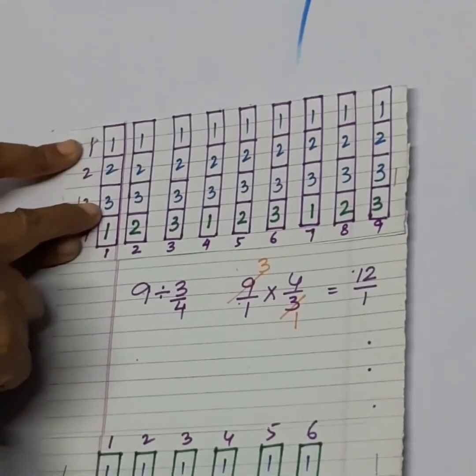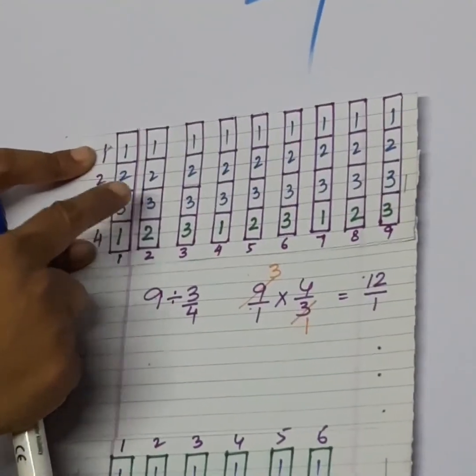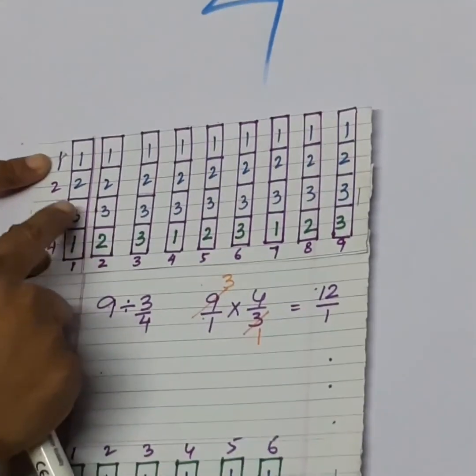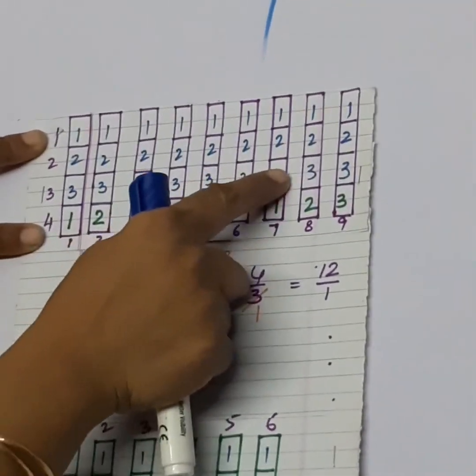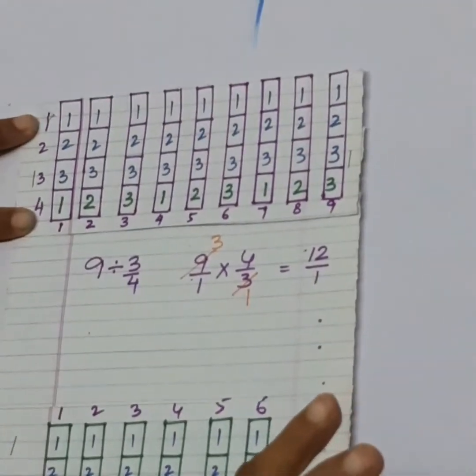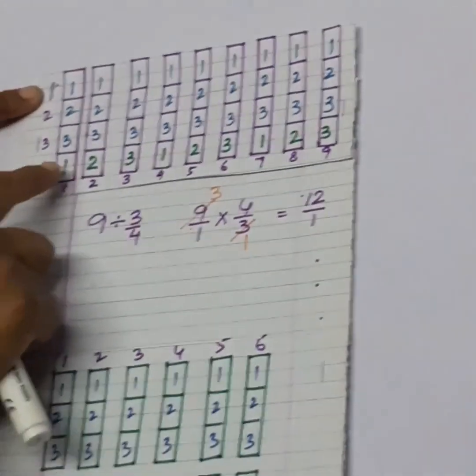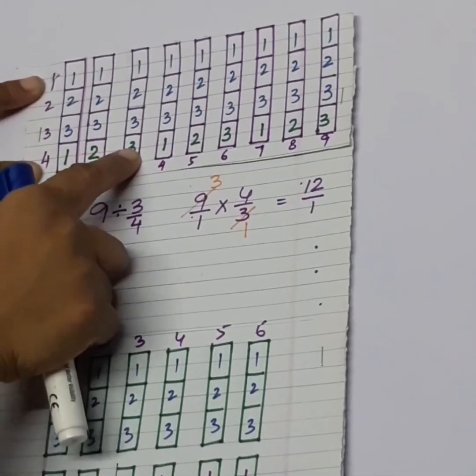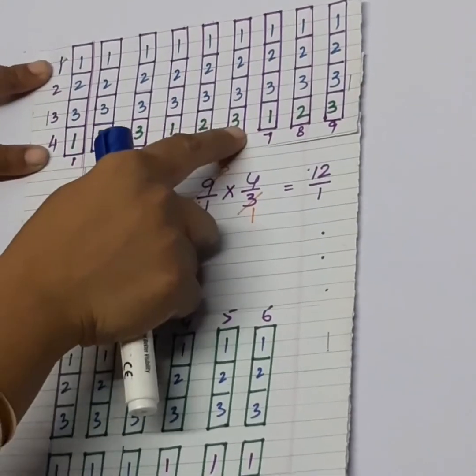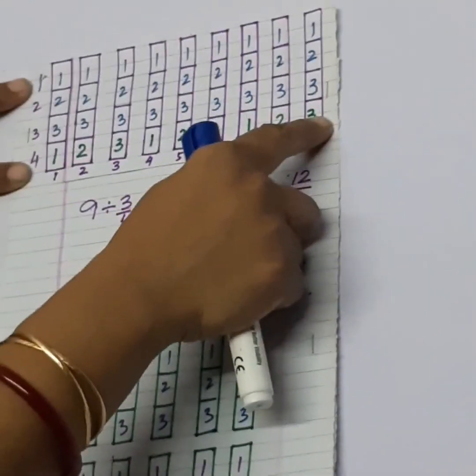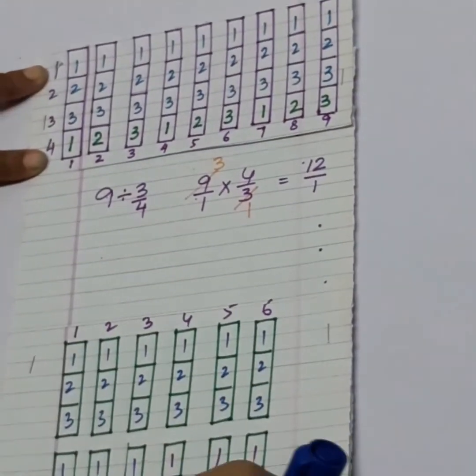Then I have taken 3 parts from one chocolate, second chocolate, third chocolate. In this way 3 parts from 1, 2, 3, 4, 5, 6, 7, 8, 9 and given it to 9 students. Now these 1/4 are left below. So I have to give 3/4 again. So 1, 2, 3 I am giving to the 10th child, 1, 2, 3 to the next child and 1, 2, 3 to the next child.